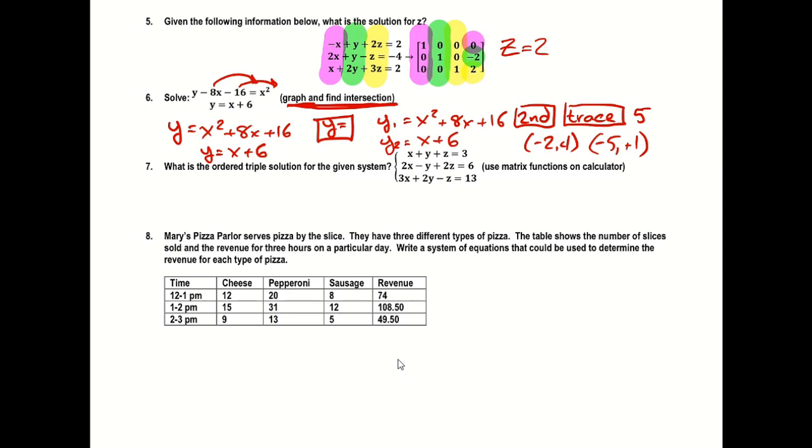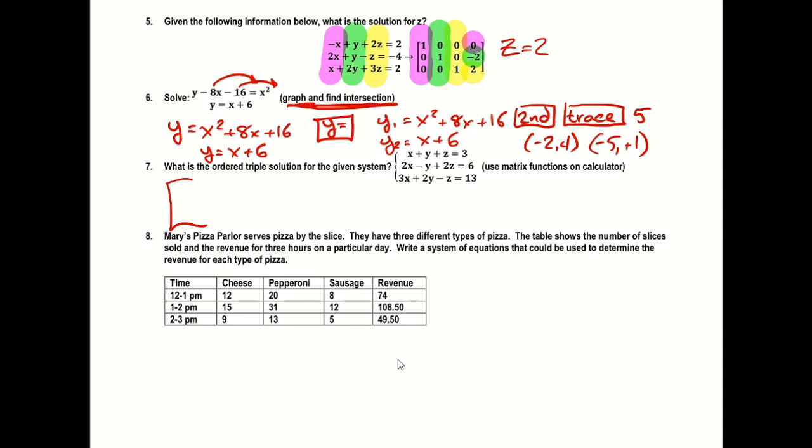Now the ordered triple using our matrix functions. The first thing we have to do when we're using our matrix functions is ensure that we're in standard form. So x, y, z are in alphabetical order, and our constants are all on one side, so we're good to go. So we need to write our matrix. We're going to take our coefficients.